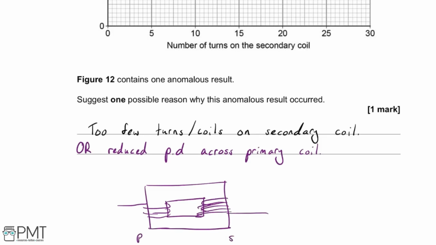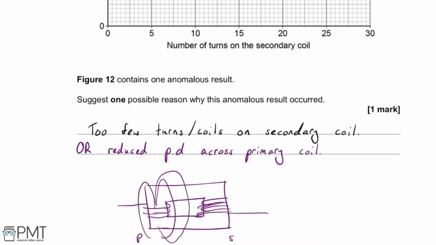And the potential difference across the primary coil determines what the magnetic field will be like around the primary coil. And the magnetic field caused by the primary coil, or the current flowing through the primary coil, is what causes there to be a potential difference in the secondary coil. And so, if you have a reduced potential difference across the primary coil, then that will change the potential difference induced across the secondary coil.